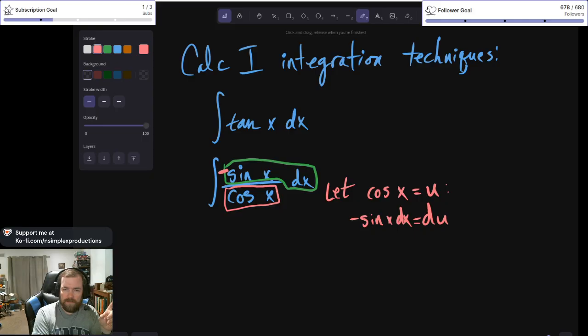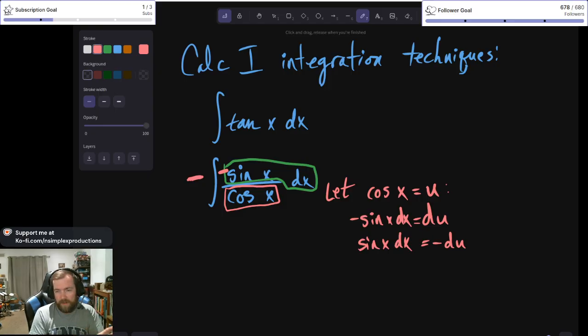Again, introduce a negative to this sine of x dx to make it negative, and then to balance it, we've got to put a negative again on the outside. Please do not say that negative du is equal to positive sine of x dx and trade it that way.